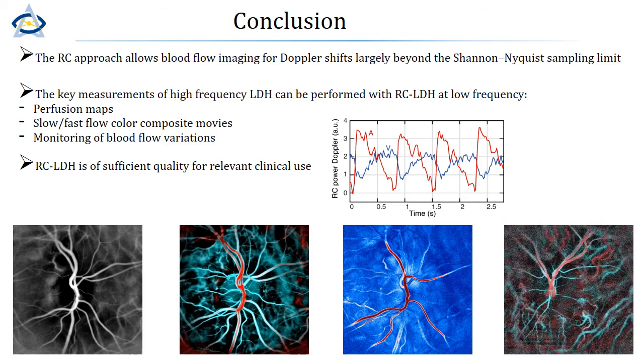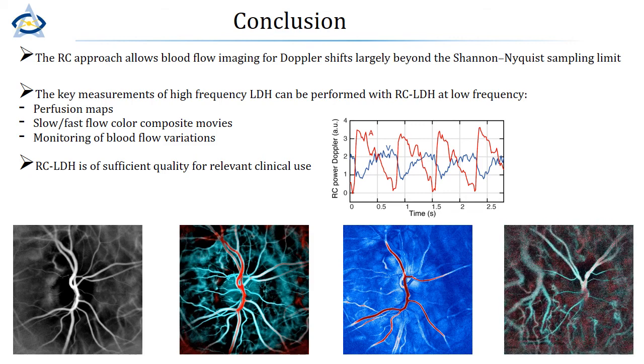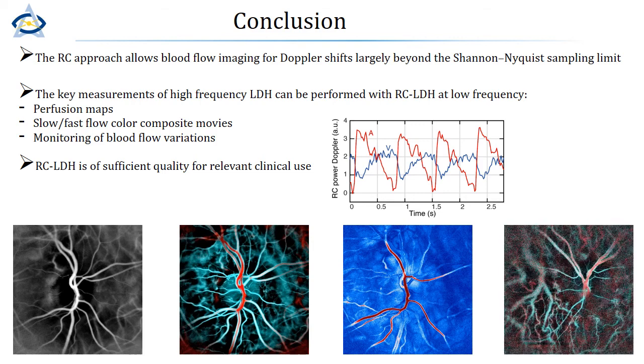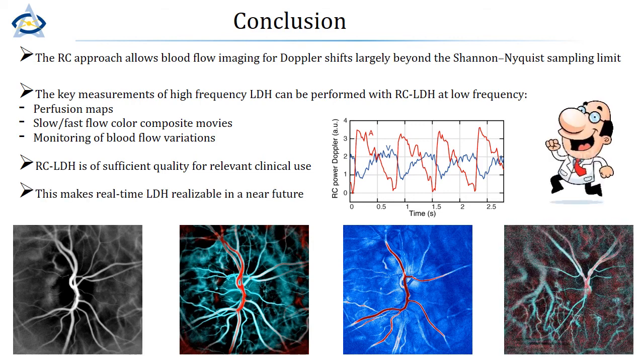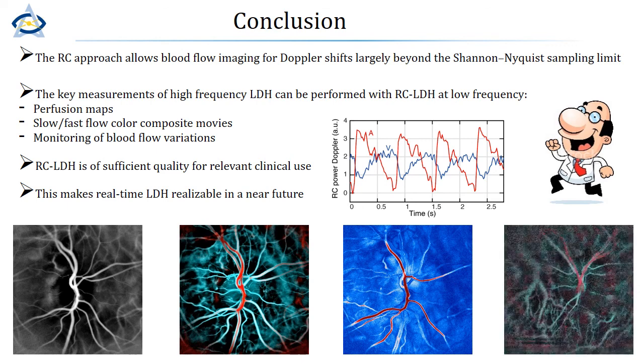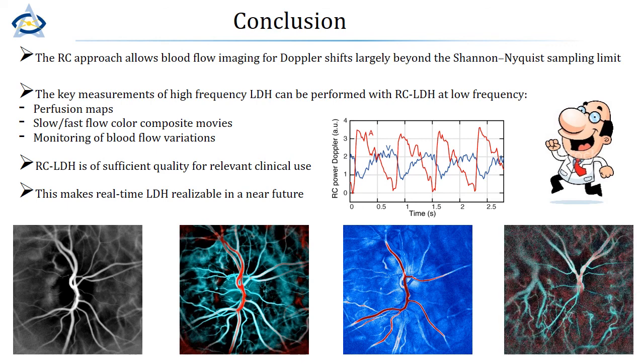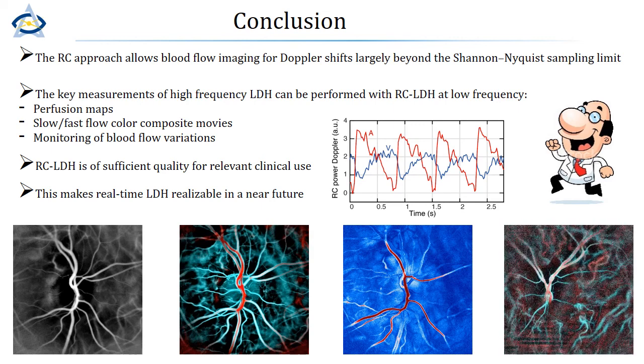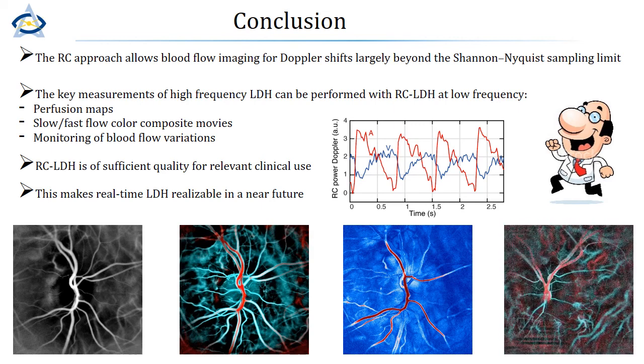Reverse contrast low-frequency Doppler holography is of sufficient quality for a relevant clinical use, and this makes Doppler holography realizable in real time in the near future, because 8 or 10 kilohertz is a camera frame rate that will be reached in real time in the near future.